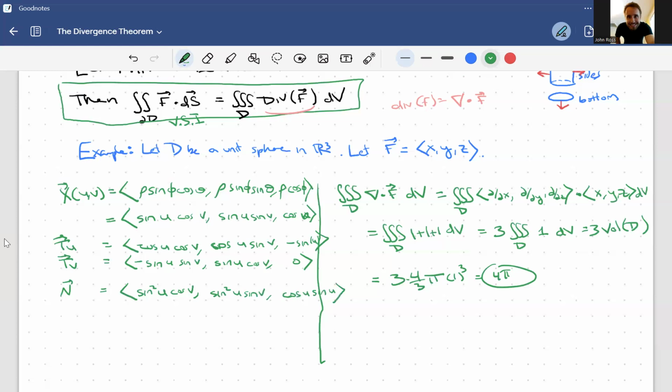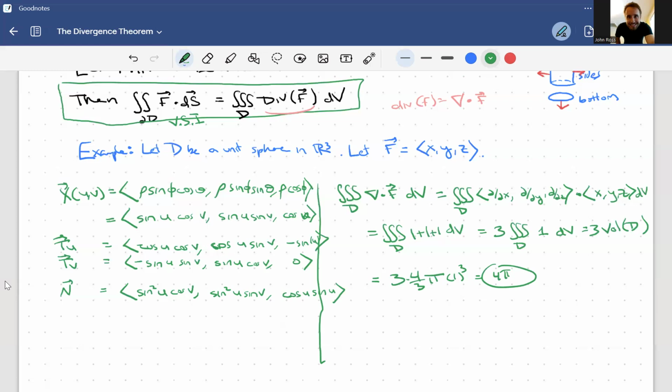All right, so let's just confirm: sine squared u cos v, sine squared u sine v, cos u sine v, cos u sine u, apologies. Great. And notice there's a sine u that's common in all of these.